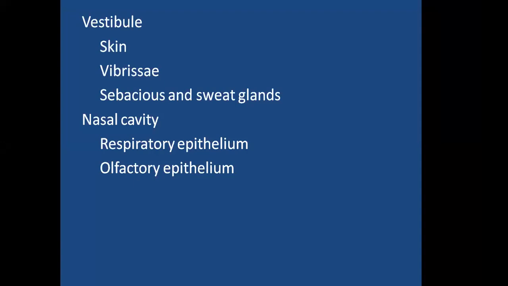This vestibule is composed of skin, vibrissae, and sebaceous and sweat glands. Vibrissae are short hairs which you can feel in your vestibule. So the nasal cavity starts with the vestibule, and the vestibule consists of skin, vibrissae, sweat glands, and sebaceous glands.